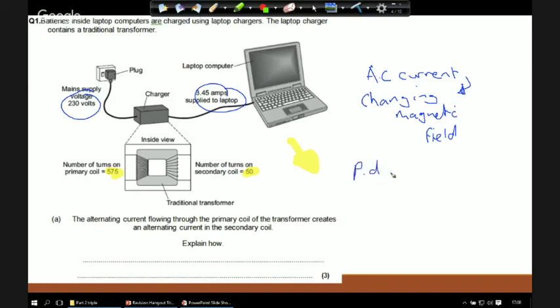So a potential difference or a voltage will be induced in the secondary coil. I mean, you could say that the magnetic field will be felt by the secondary coil. That would be okay as well. And as it's felt by it, that induces a voltage across the secondary coil. And the important parts there to remember are that a changing current causes a changing magnetic field, which induces voltage in the secondary coil.